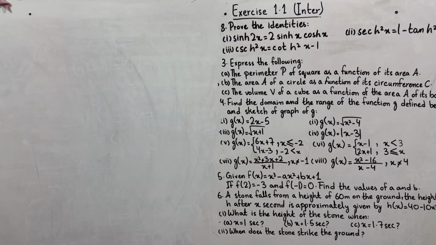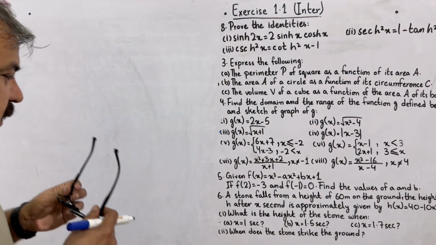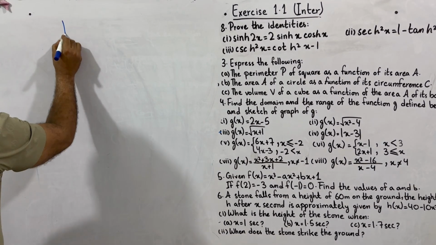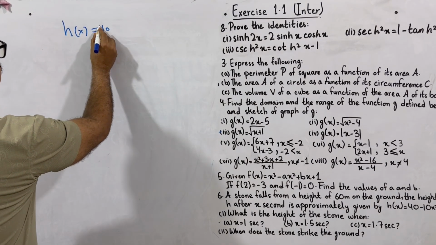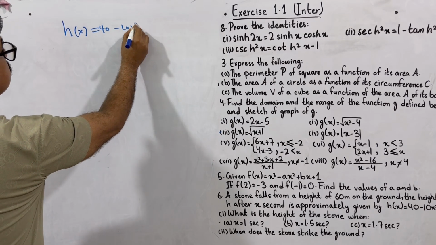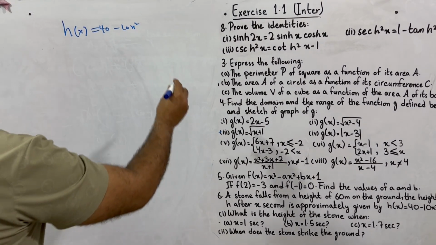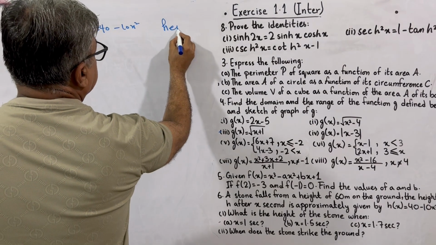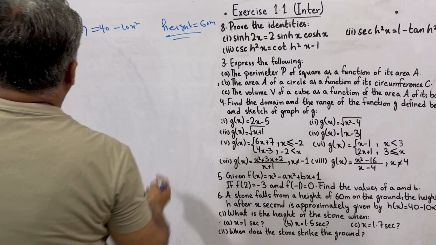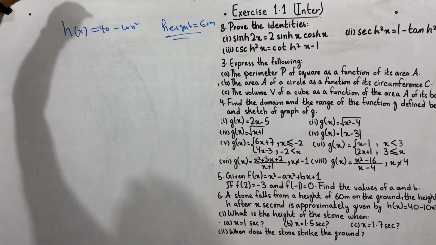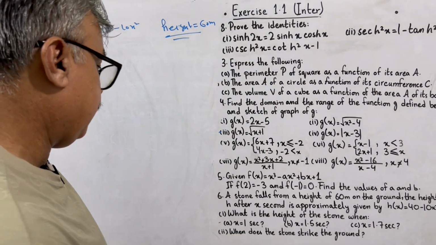The height h after x seconds is approximately given by h of x is equal to 40 minus 10x square. A stone falls from a height, initially it is given to us, 60 meters. At a height of 60 meters, a rock has been dropped.